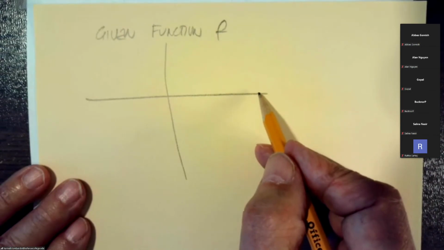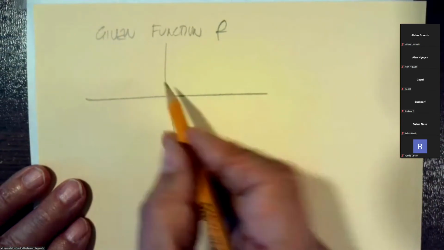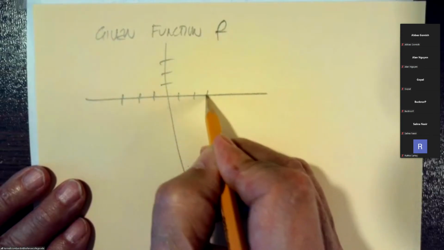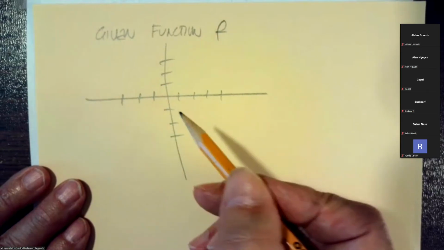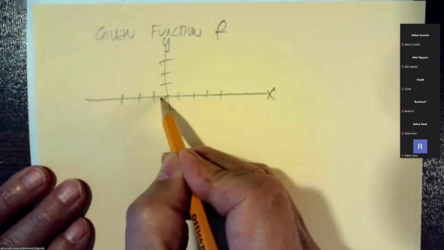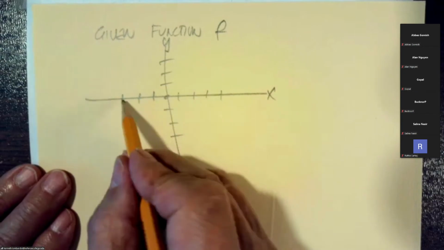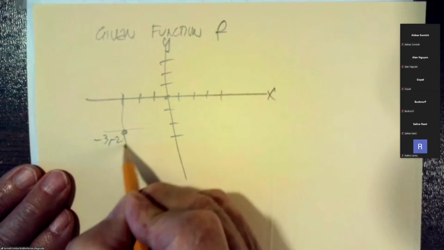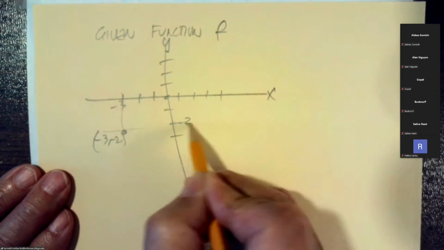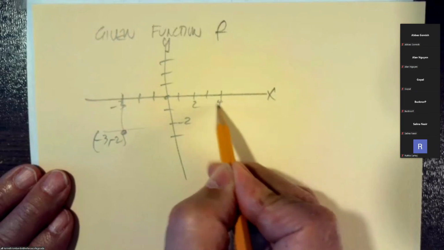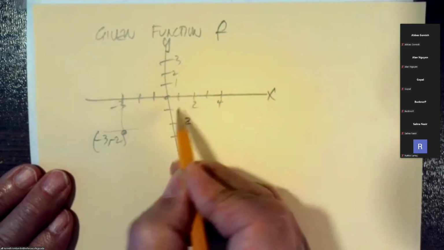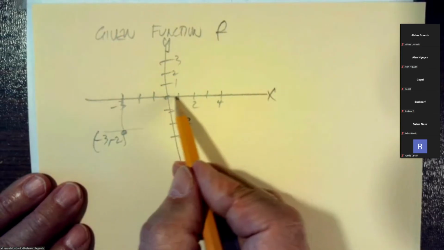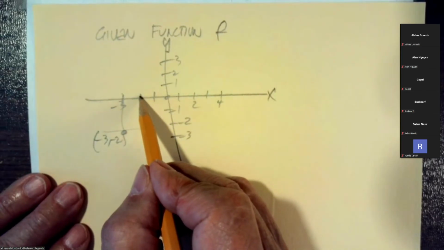Let's say it goes from -3, -2, let's say it goes from here. Here's -3, here's -2, here's 2, 4. And it goes to say -2, +2.